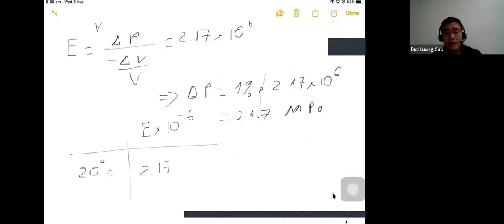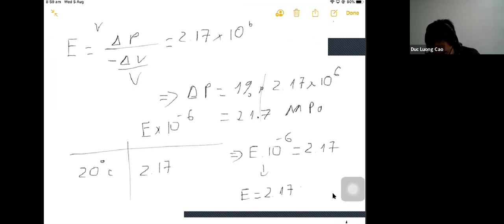You have this one from the table. This one means E times 10 to the minus 6 equal to 2.17, or elasticity will be equal to 2.17 times 10 to the power 6.